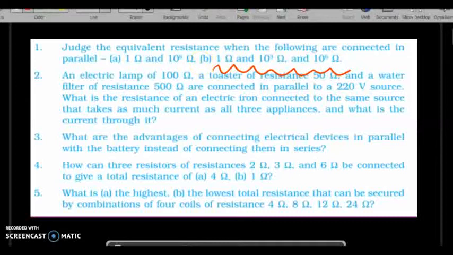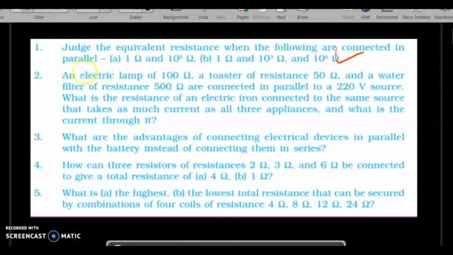What would be the equivalent resistance of this? Naturally it will be less than 1 ohm here, because 1 ohm is the least. Good, so we have completed this part.